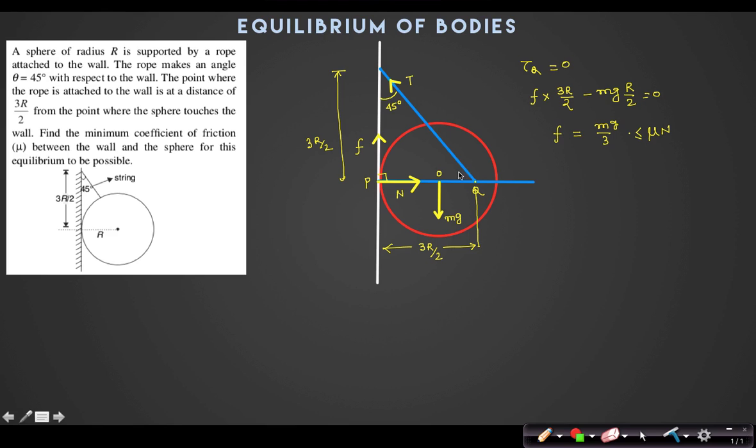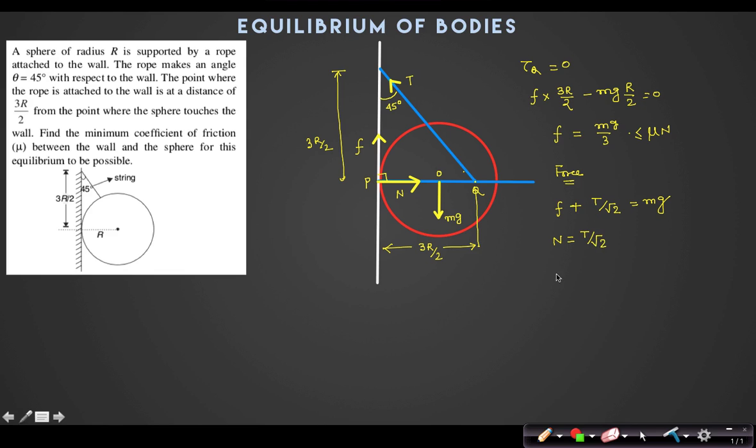How do I find the normal reaction? You can see through the FBD. The force equation says that friction plus T by root 2 is equal to mg. Yes or no? And also N is equal to T by root 2.